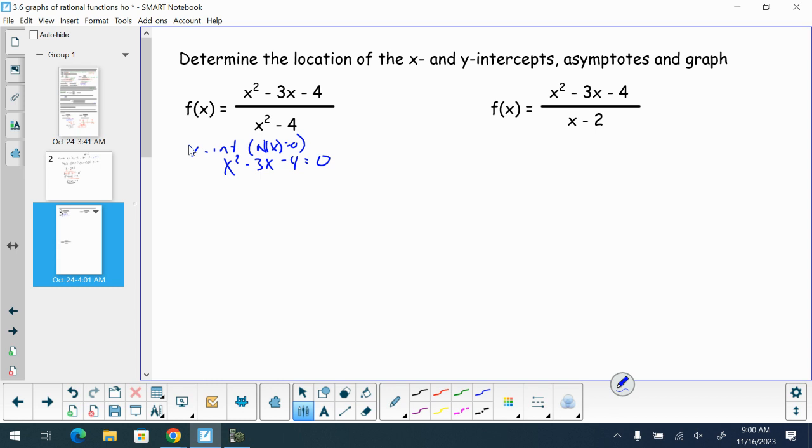So we can factor that down. So that should occur at x equals 4 and negative 1.